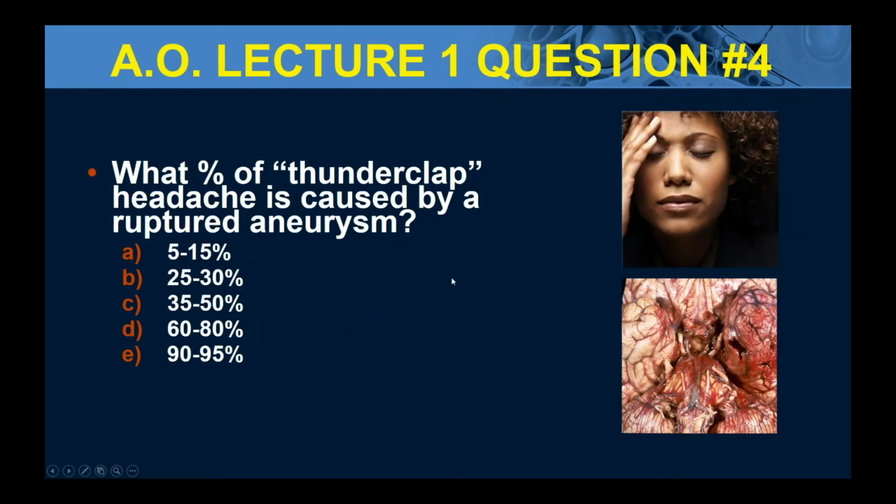And what percentage of thunderclap headache is caused by a ruptured aneurysm? If you have trouble with your short-term memory, you probably cannot answer this one because we just covered it about 3 minutes ago.